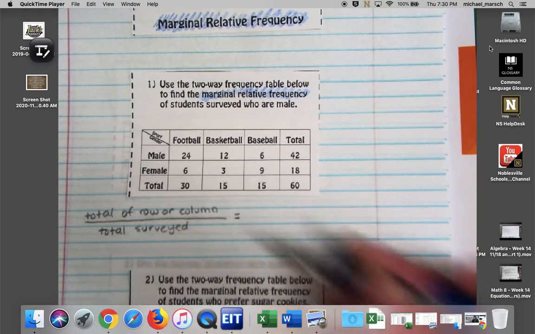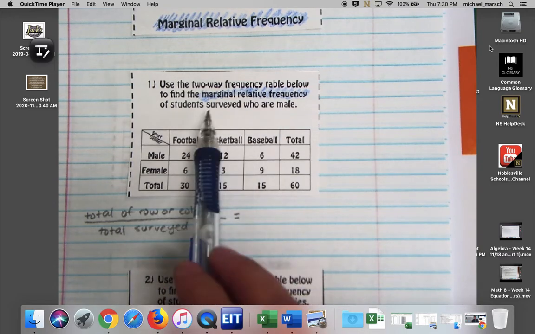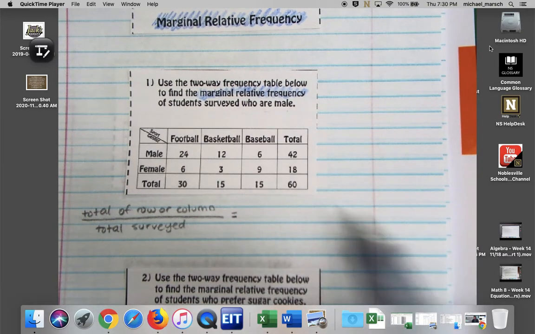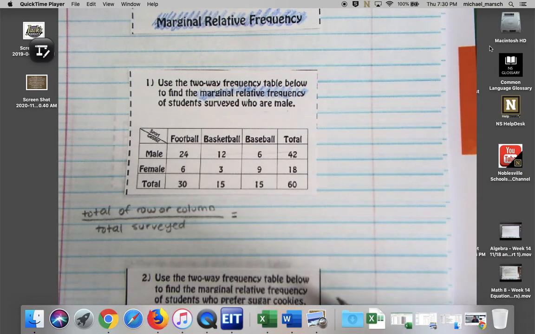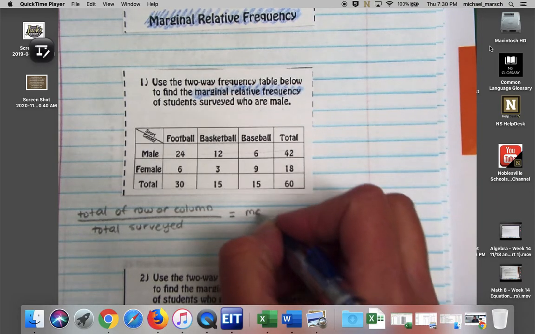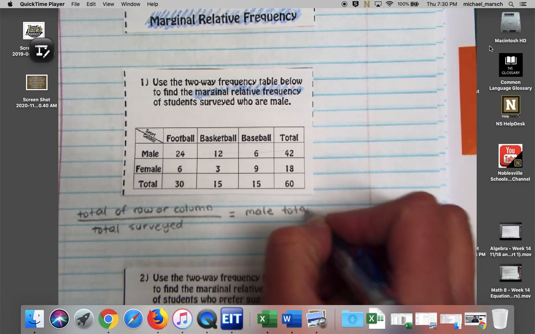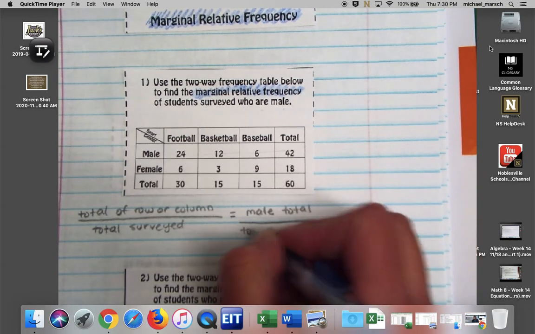Okay, so my row or column is students who are male, right? So I'm going to go to my male row and that is my male total, again over the total surveyed.